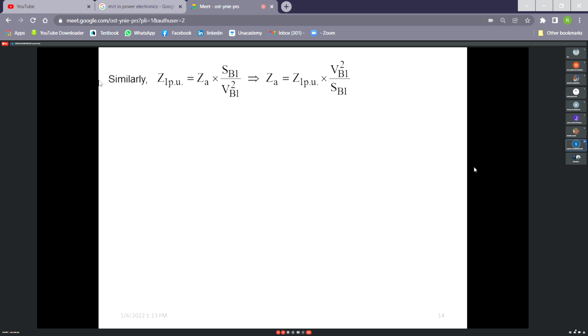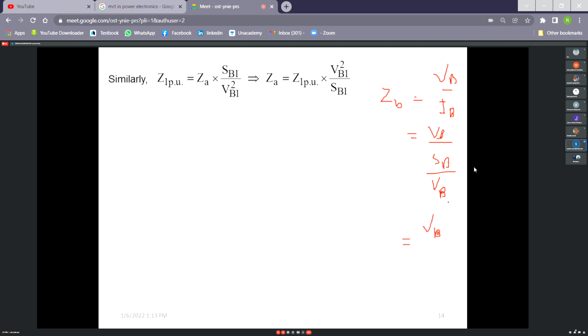Similarly, for the impedance, in the new base system, it will be ZB2 = ZB1 into SB2 by SB1 ... because actually ZB is VB by IB, and I am writing this repeatedly so that you can visualize it and memorize it. IB is SB by VB, right? That's why ZB is VB square by SB.